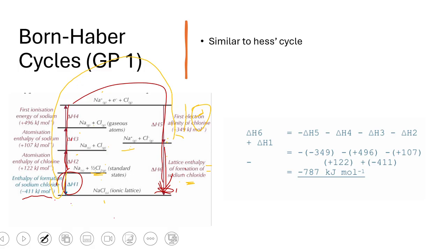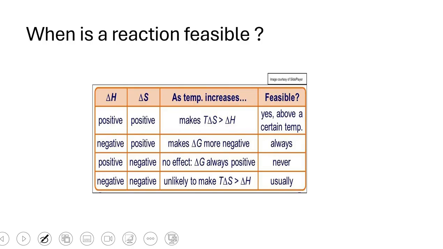Negative the value of enthalpy 5, enthalpy 4, then you negate the values since the arrow has changed direction, and then you get the final answer. But since enthalpy 1 didn't change direction, the sign will remain the same, but the sign of the rest will change. You negate the rest because it has changed direction.